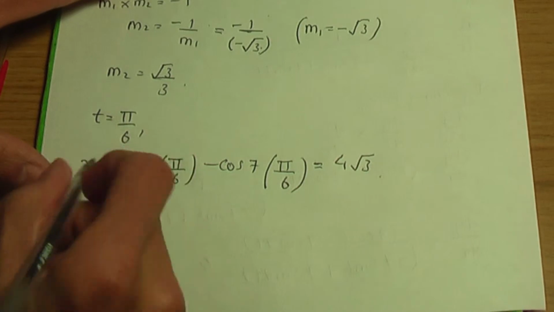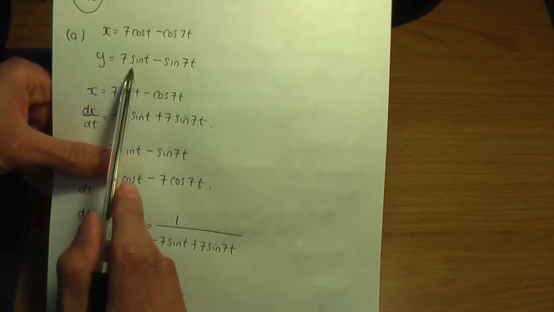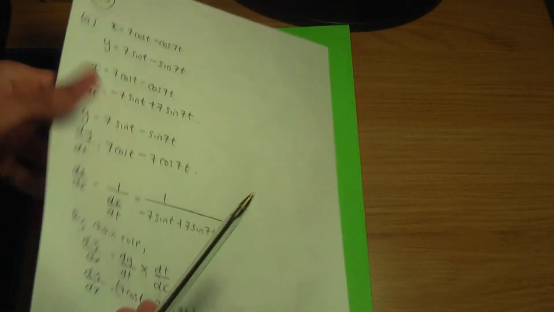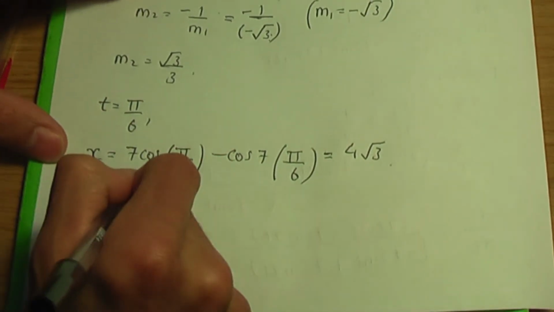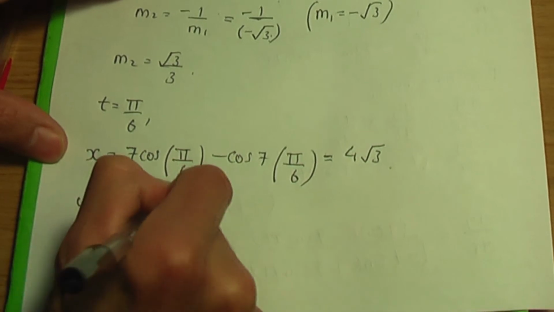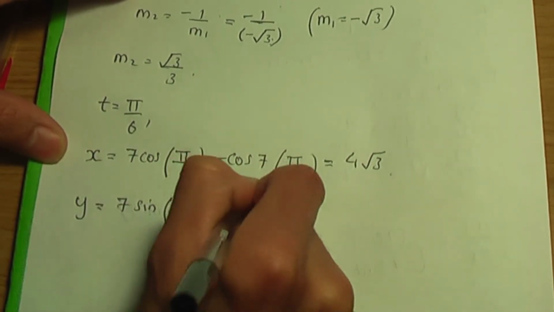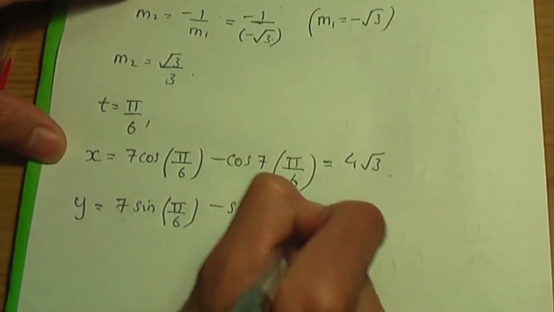Doing the same, if I put the t value into the y equation, remember the equation for y is 7 sine t minus sine 7t. So let's replace the t in that equation to give us 7 sine(pi over 6) minus sine(7 pi over 6).